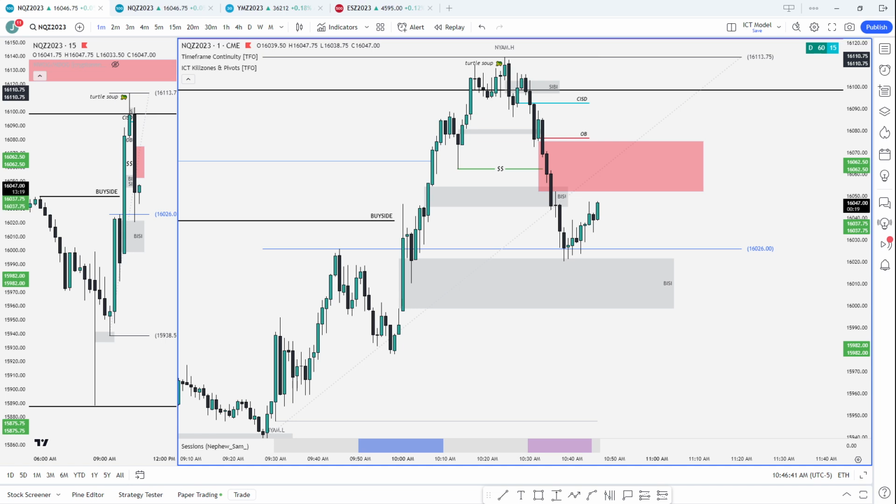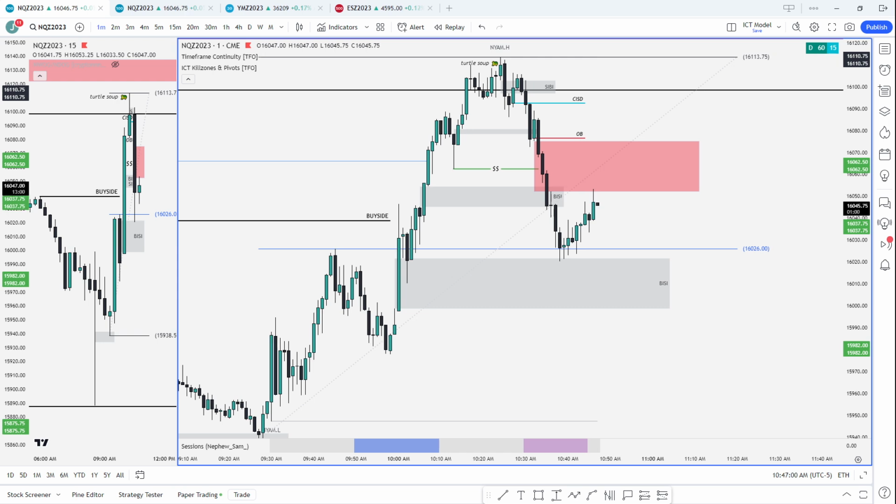Time really is that missing key. Yeah. If you've been studying ICT for 8 months or 6 months and you feel like there's something you're missing, it's probably one of 2 things. One would be the stages of delivery, which were not taught as much as I think they should have been. I'm not going to criticize ICT's way of teaching. I think he taught it the best way he could have. It was absolutely perfect because you go back and watch old videos and you'll see stuff that you never saw before.